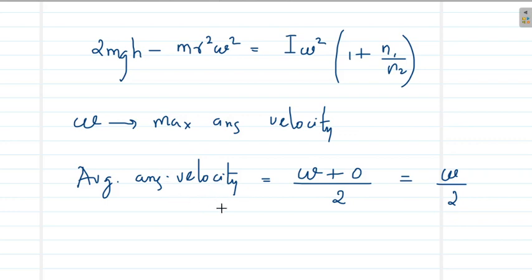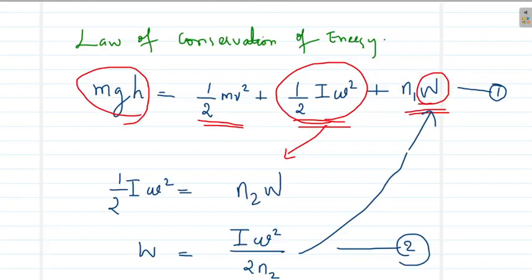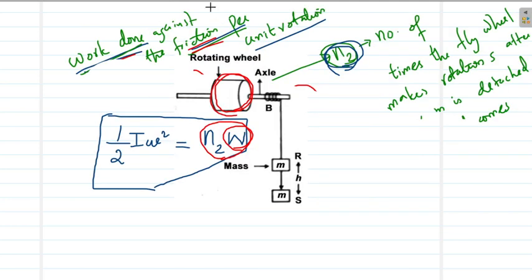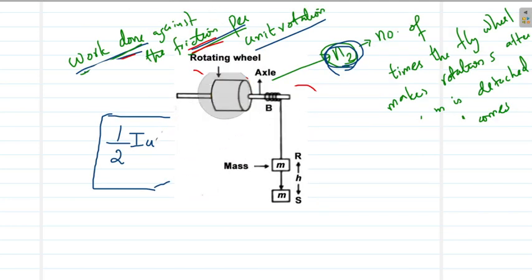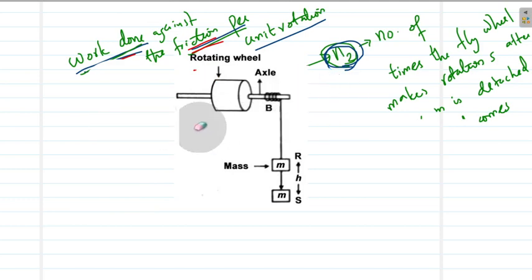Now let us write down another expression for average angular velocity. So we know during the second half of this experiment, we have stated that the flywheel makes N2 rotations. And the total angle covered by this flywheel will be 2 pi into N2.